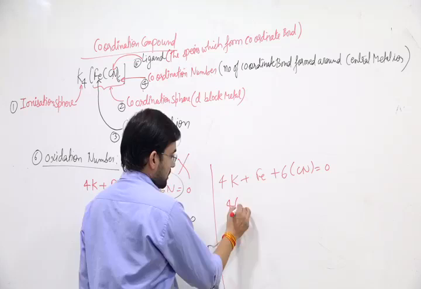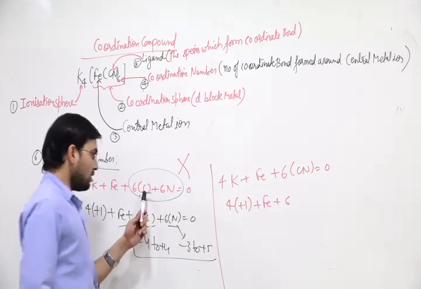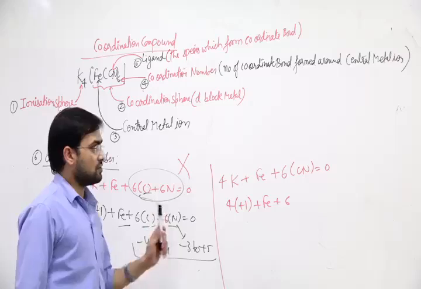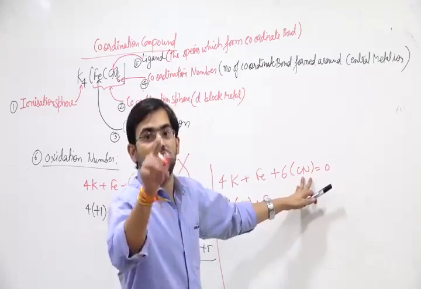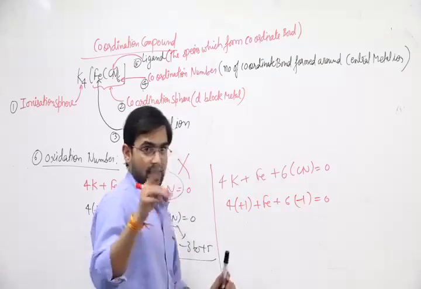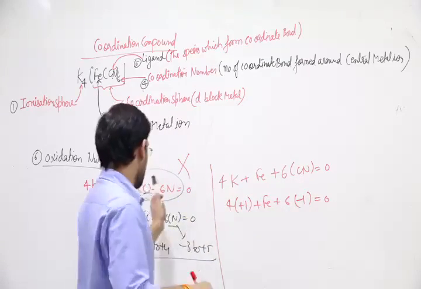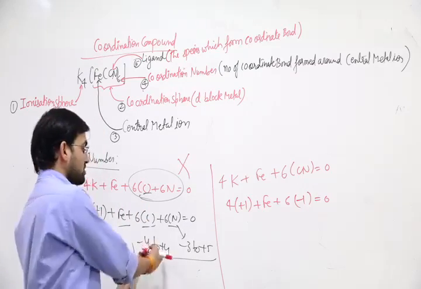That's why you will not break the ligand. So 4 potassium is plus 1, Fe. Here you don't know the charge on carbon and nitrogen individually. But do you know the charge on CN minus? Yes, the charge on CN minus is minus 1. Understand the importance? If you break it, you don't have an answer, you cannot proceed after this.